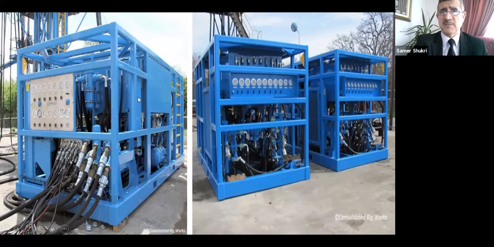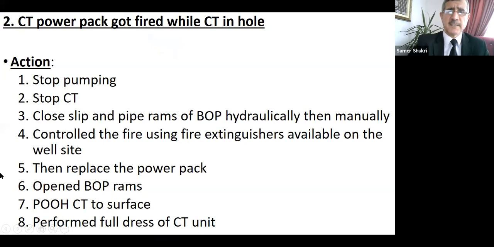We did an investigation about where it was coming from. In this case, we controlled it using fire extinguishers, stopped the coil tubing, applied the brake, relay brake, and then replaced this power pack and continued our operation, and did full maintenance and redress. You see these actions which we did, the full redress of the coil tubing unit.